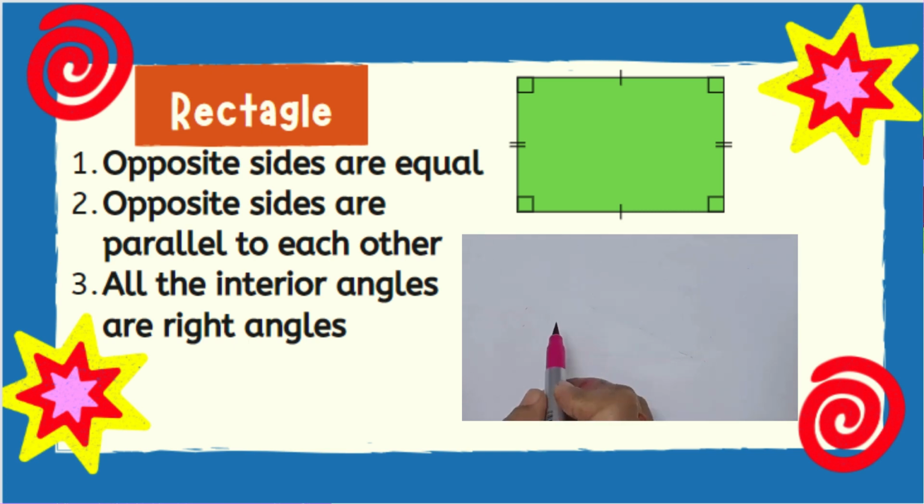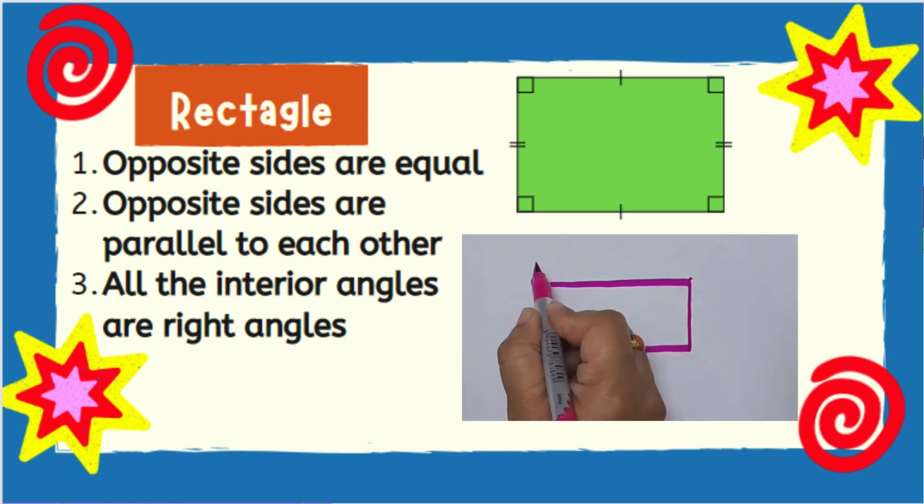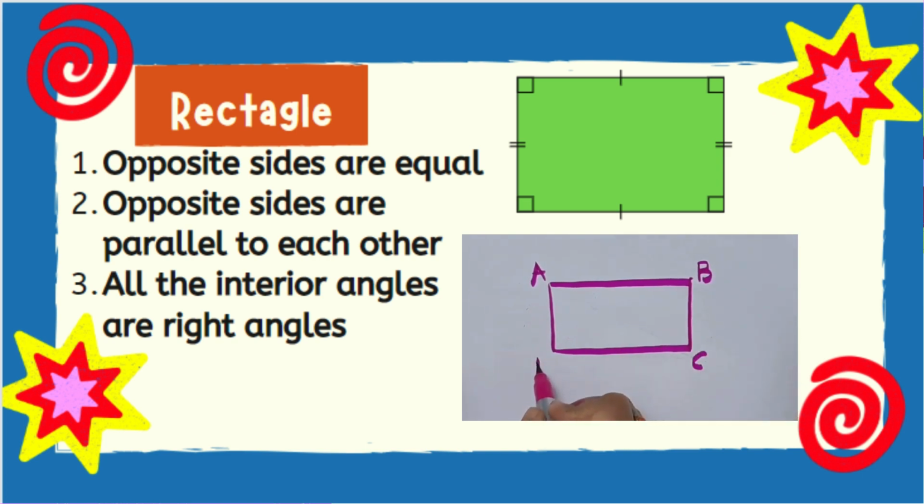Rectangle. A parallelogram in which each angle is a right angle is called a rectangle. This is a rectangle, A, B, C, D. In a rectangle, opposite sides AB and CD are equal, AD and BC are equal, and opposite sides are parallel to each other.